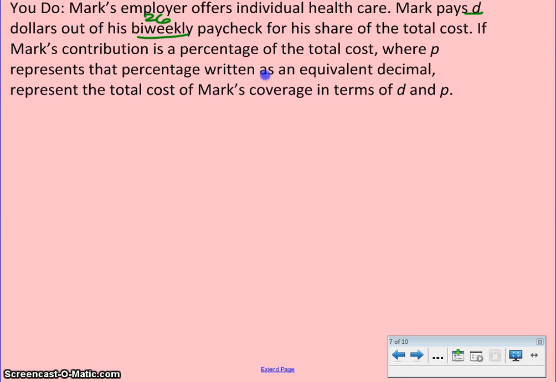If Mark's contribution is a percentage of the total cost, where P represents that percentage, written as an equivalent decimal, represent the total cost of Mark's coverage in terms of D and P. Well, we know that D represents his paycheck, and we know that he was paid bi-weekly, so that's 26 times. And then we would divide that by P, and there's the answer to that one.